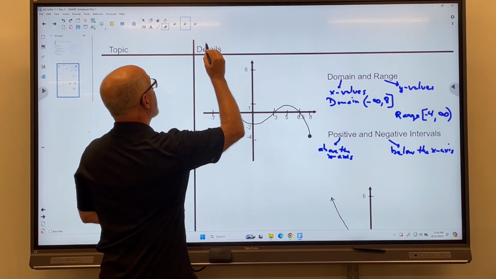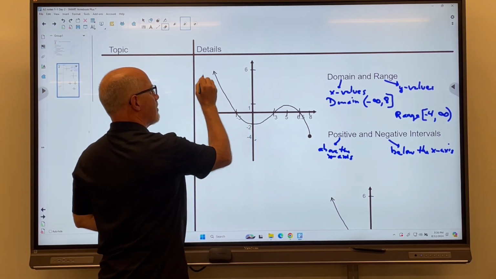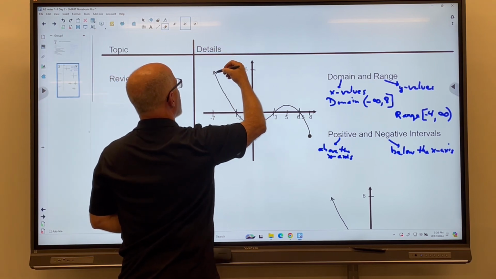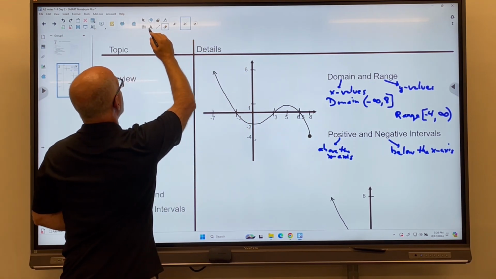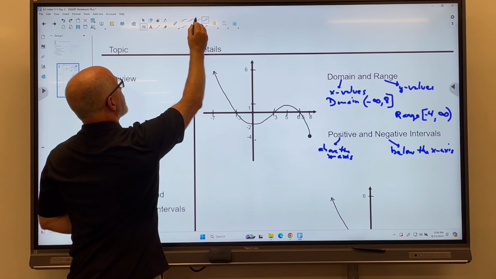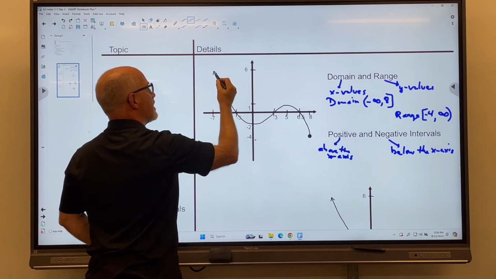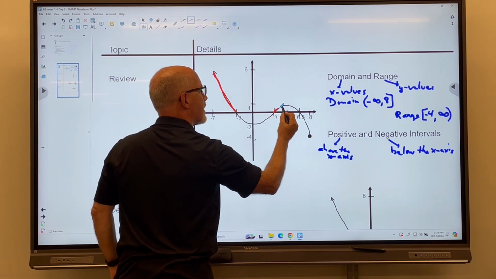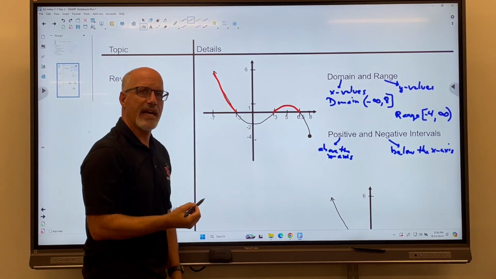So let's talk about those values. I'll shade that in red. So this is positive to there, and this is positive here. That's where it's above the axis.